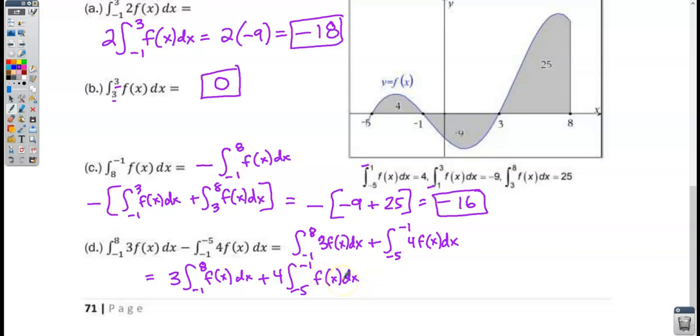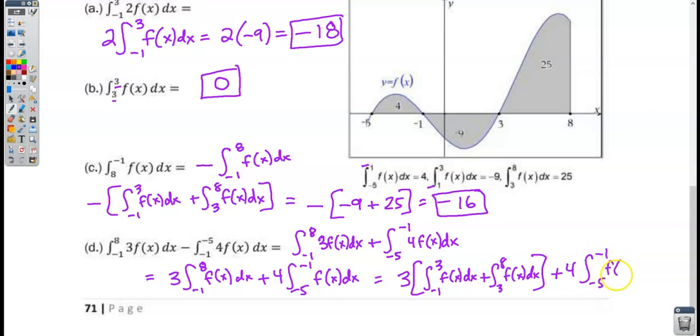So this is going to be 3 times the integral from -1 to 3 of f of x plus the integral from 3 to 8 of f of x, plus 4 times the integral from -5 to -1 of f of x. And now we can substitute all those values in there.